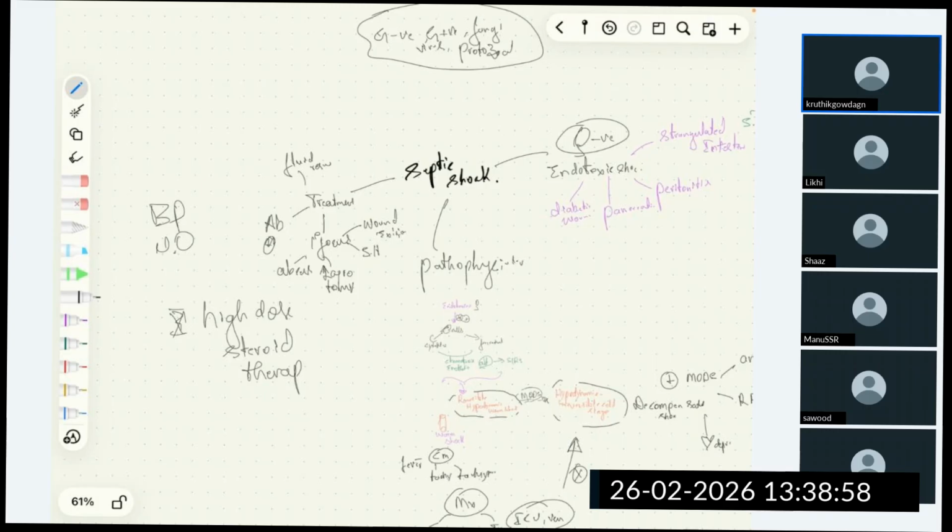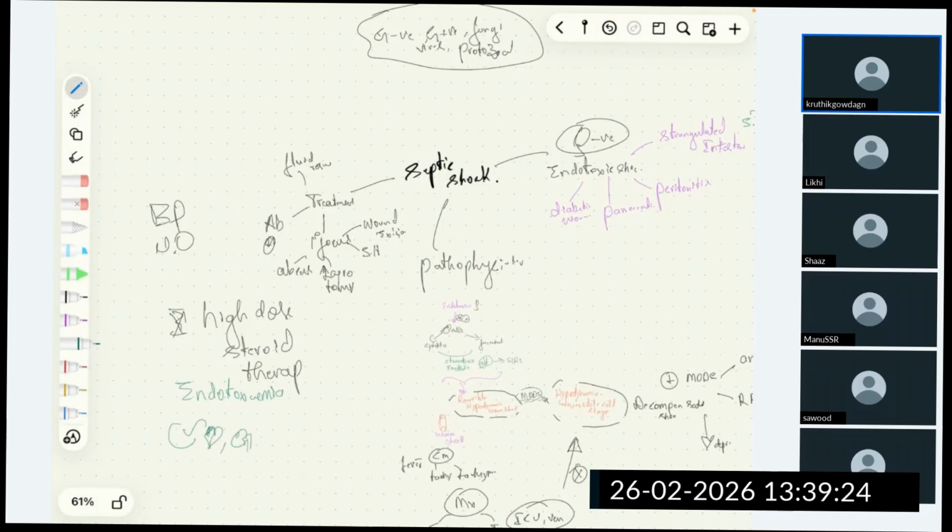So here also the high-dose short-term steroid therapy is useful to control and protect the cells from the effects of endotoxinemia. It improves cardiac function, renal function, and lung function.